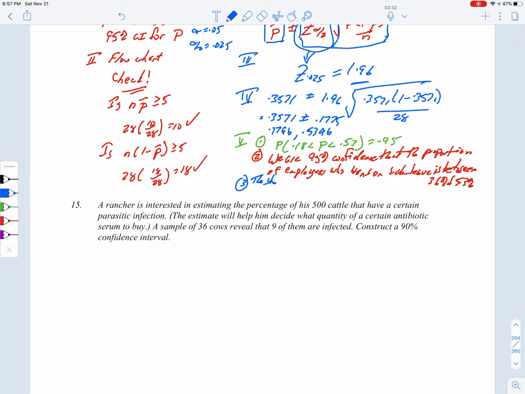Or we can write this the newspaper way. And the newspaper way is that the study shows that the proportion of employees that went on sick leave is about 36%. That's your point estimate up here. That's 10 out of 28. 36%.